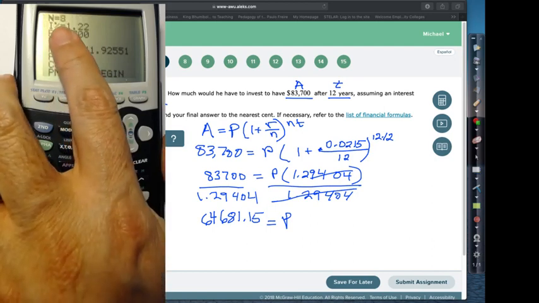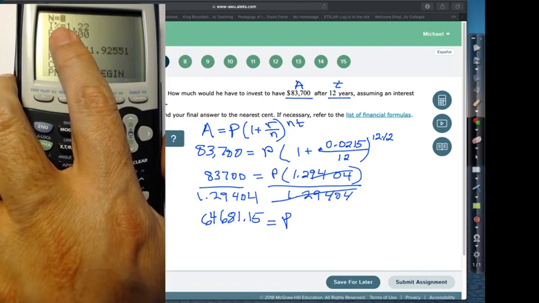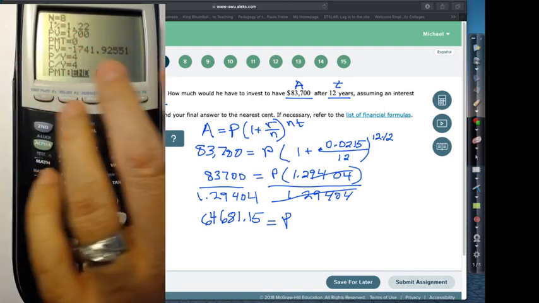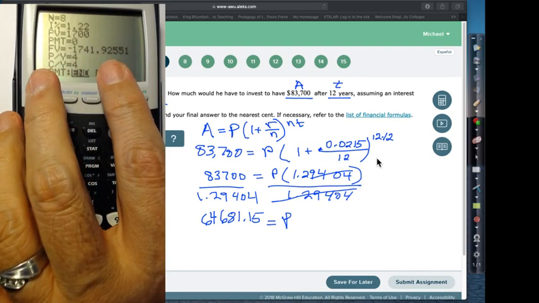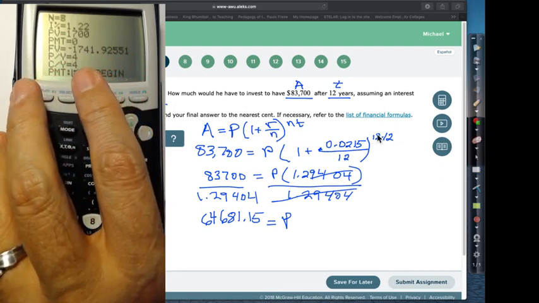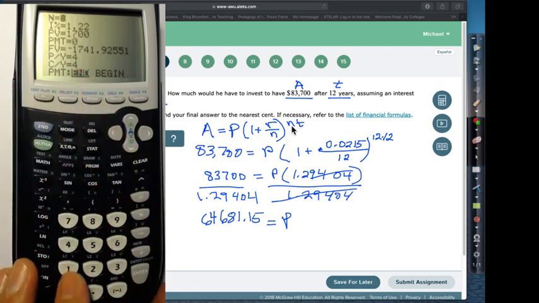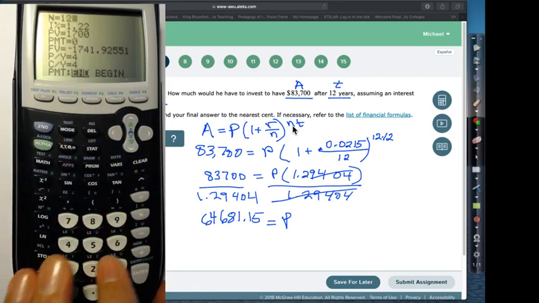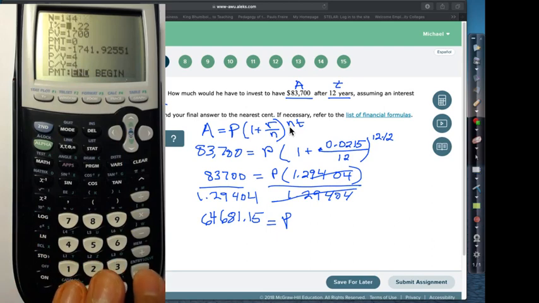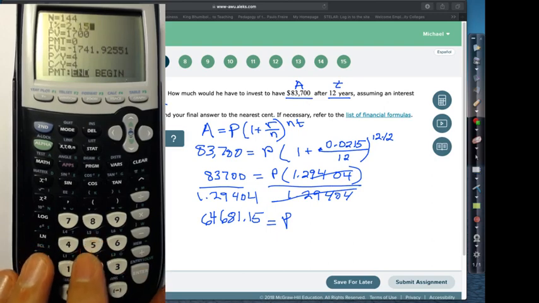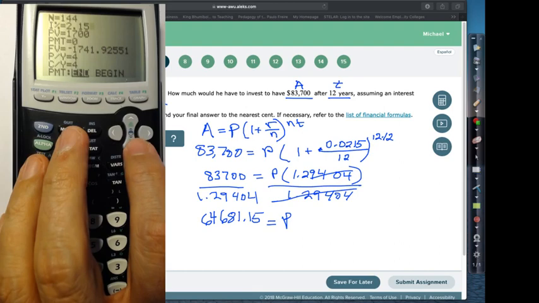So we're going to put in the information. N is the number of periods, and it comes from the exponent n times t. So up here we're just going to put 12 times 12. It will calculate as 144. The interest rate is 2.15, and in this calculator you just enter 2.15. No need to change it to a decimal.